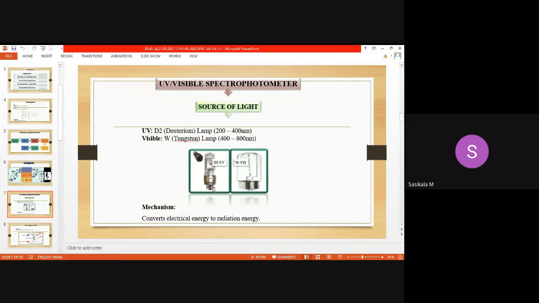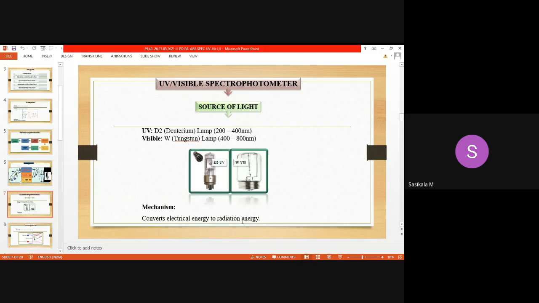The hydrogen or tungsten present inside the lamp gets activated and emits the radiation. By absorbing electrical energy, it emits radiation energy. That means electrons are converted to photons here. So the mechanism of the source of light is conversion of electrons to photons.